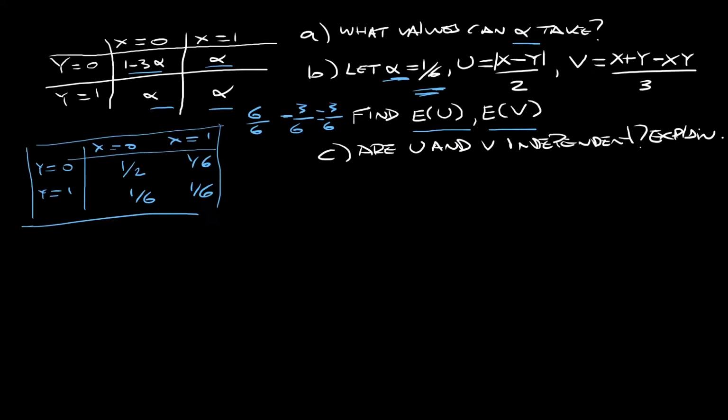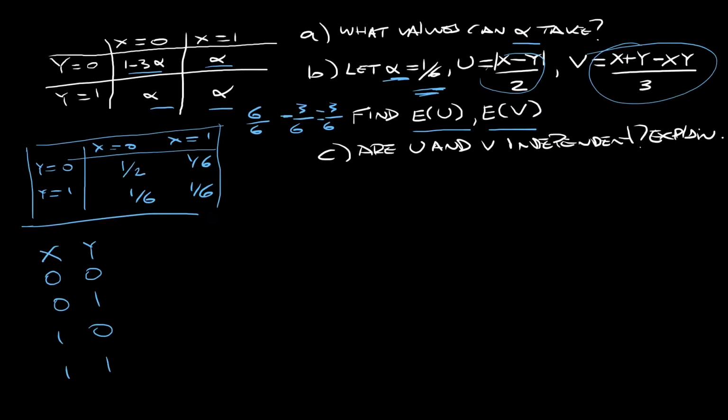The second step is finding the expected values, and you are told that u equals this expression and v equals this expression. What we do in cases like this is make a second table, with x and y, and all the values that x and y can hold. So essentially it's 0, 0, 0, 1, and then 1, 0, and 1, 1.